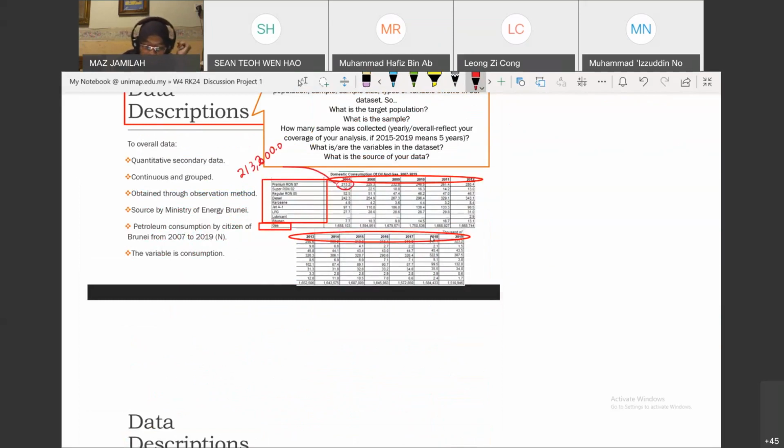And if you are talking about this one, it would be multiplied by 1000, it would be how much?